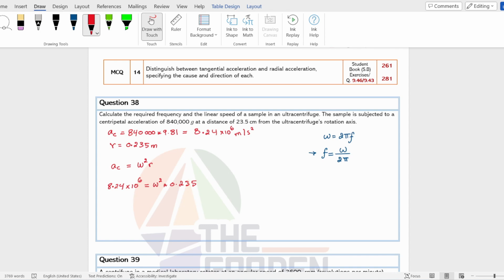Right. So once we do shift solve for this, we get omega equals 5,921.47 radians per second. And then we go back to this equation here to find the value of the frequency.